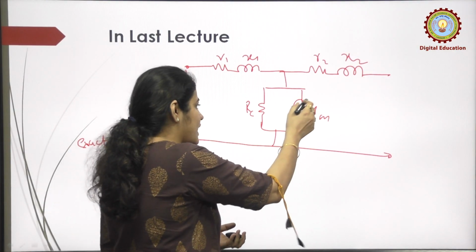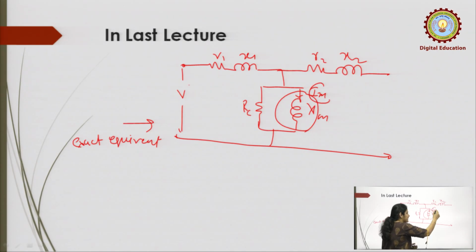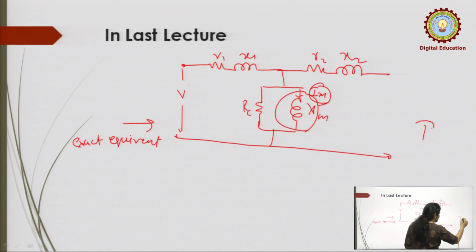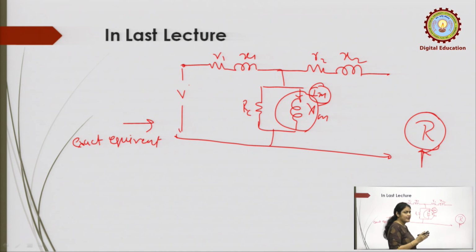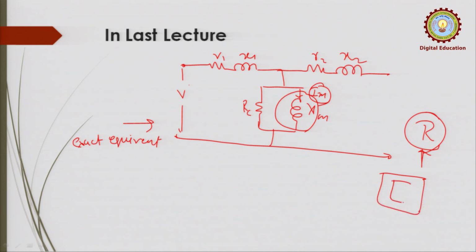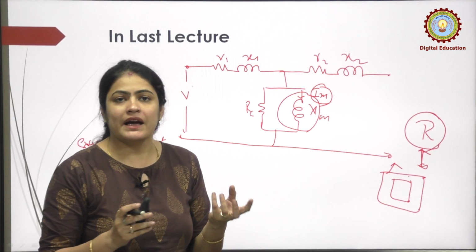This branch is due to the magnetizing current, because the flux is fixed by the voltage, but the transformer material does not have infinite permeability. So a current is required, and that current is the magnetizing current.